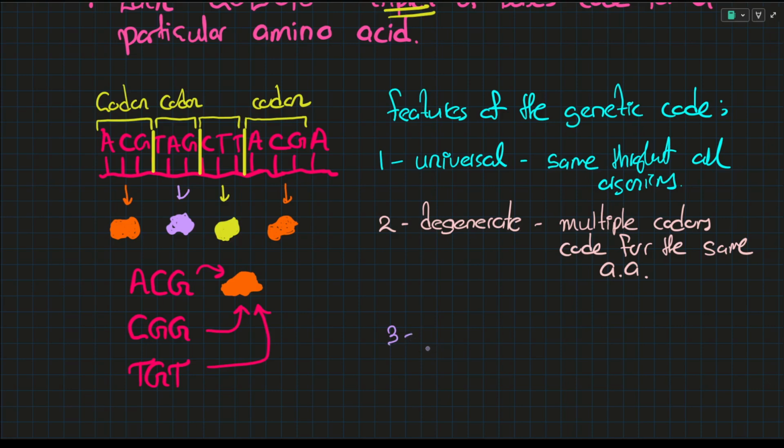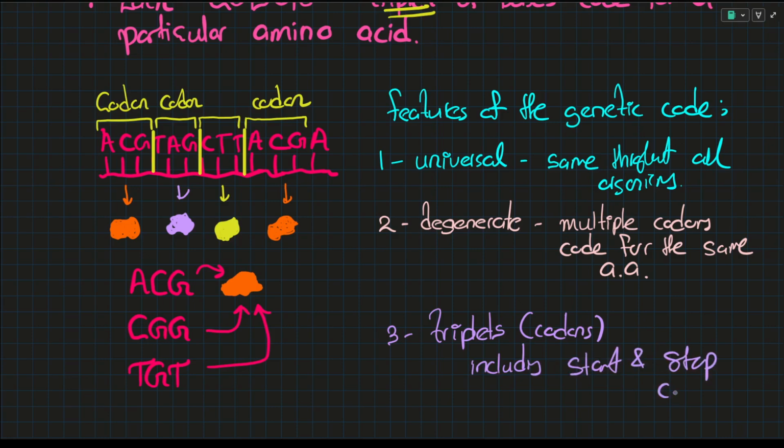The third kind of function or feature that the genetic code comprises of is triplets or codons. That's the third feature of the genetic code. We have codons, including start and stop codons.